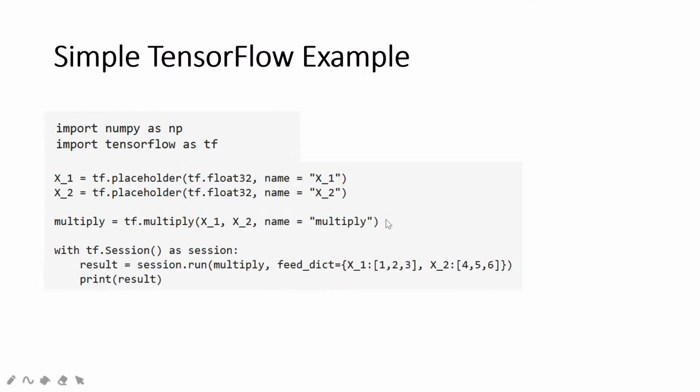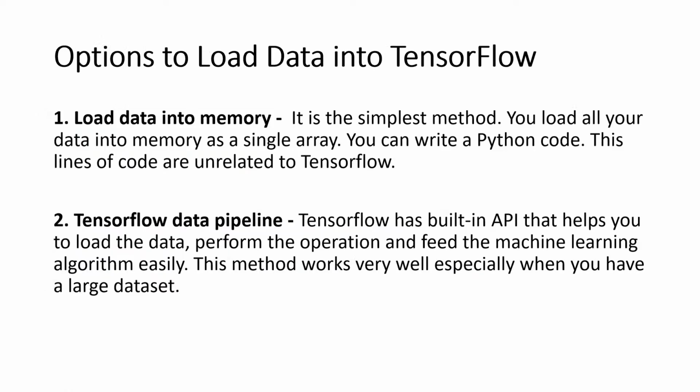Like this, the same thing you can do for reading the data set. If you want to load data into TensorFlow, you have two methods. One is loading the data into memory, another is loading the TensorFlow data by using a pipeline. Loading data into memory is easy if you have a small data set like a CSV, Excel, text or JSON file; you can load it directly using Python code and train the TensorFlow algorithm.